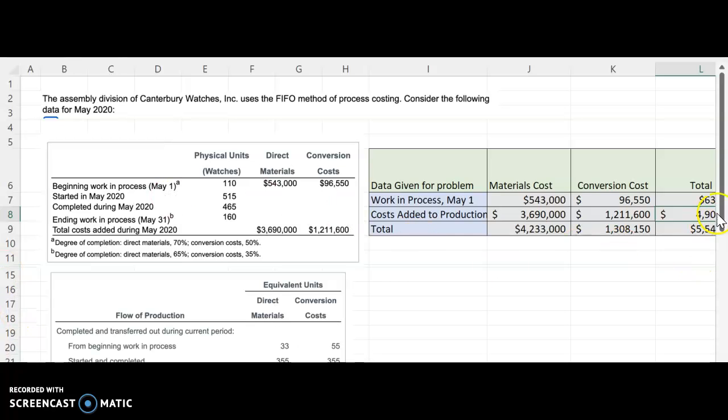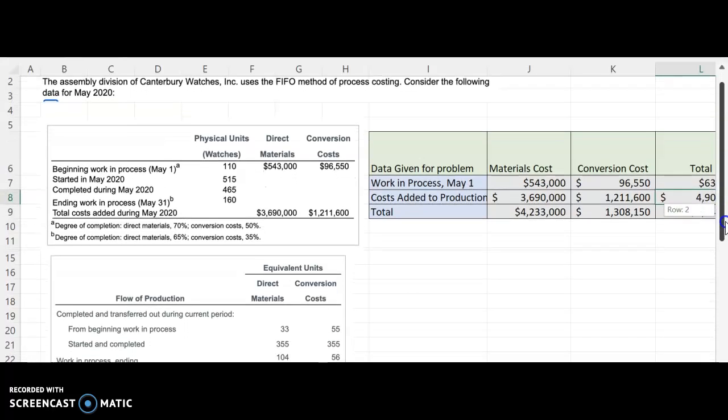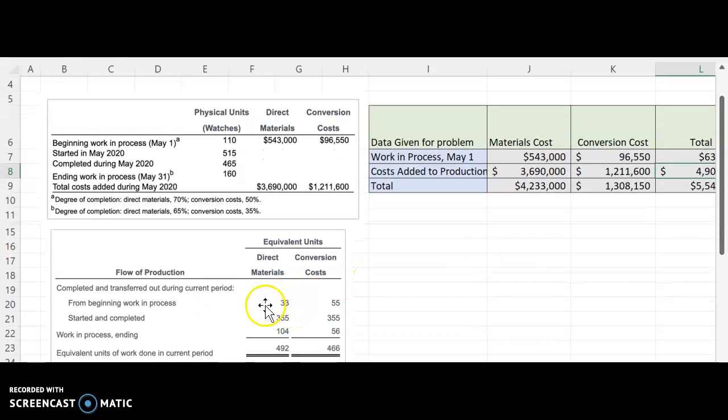So this is going to be a little bit different than weighted average. The way we're going to do equivalent units is we're going to think about the flow of production. You're going to start with your work in process. So think about your units here, 110. 70% of that we already did in the last period, so we don't have to work on those units.